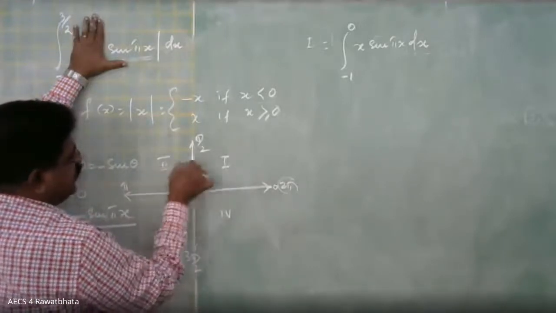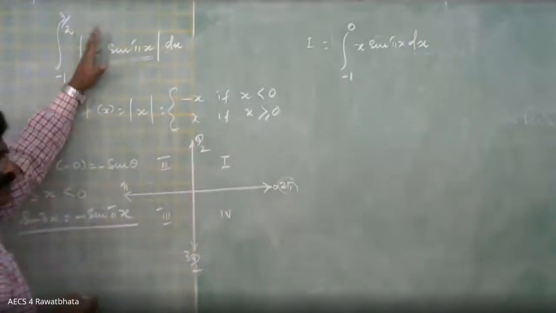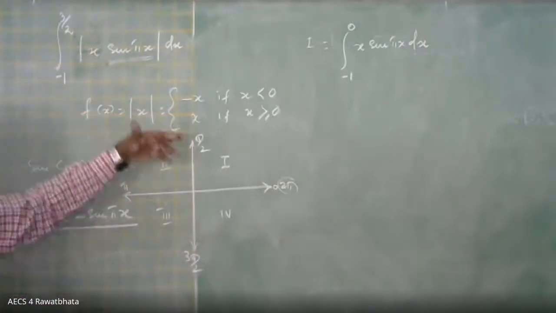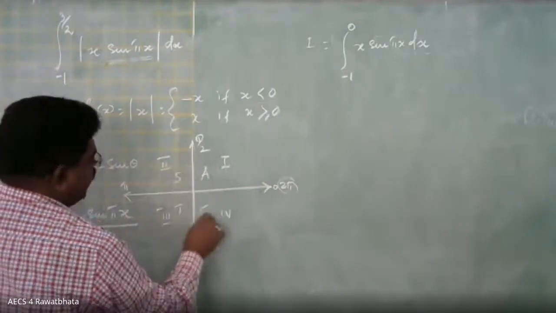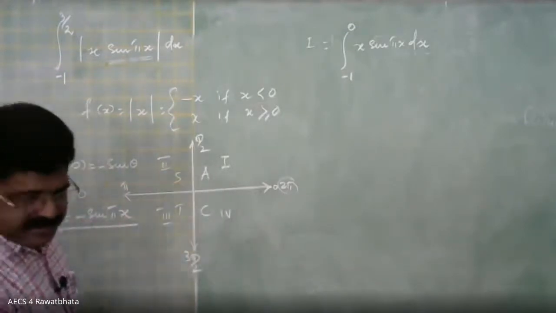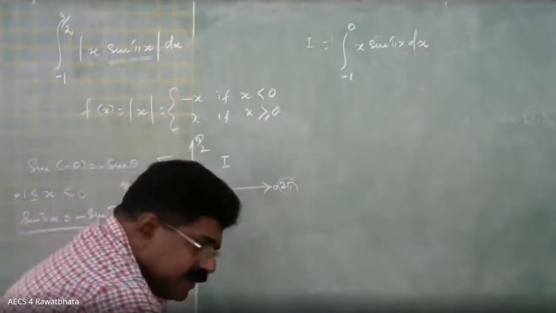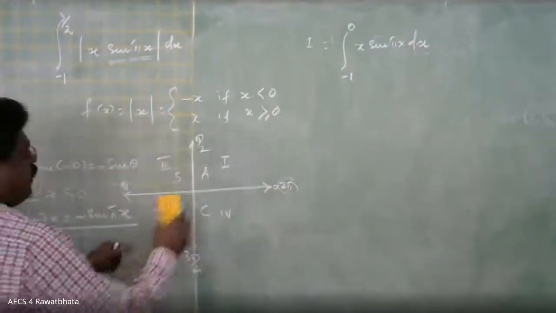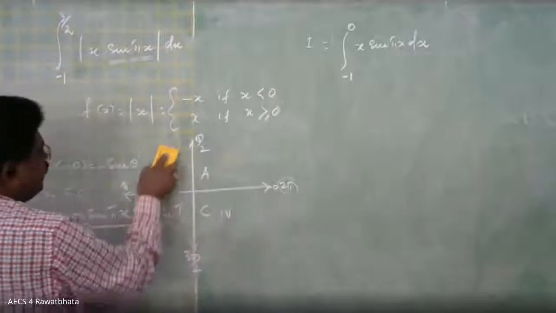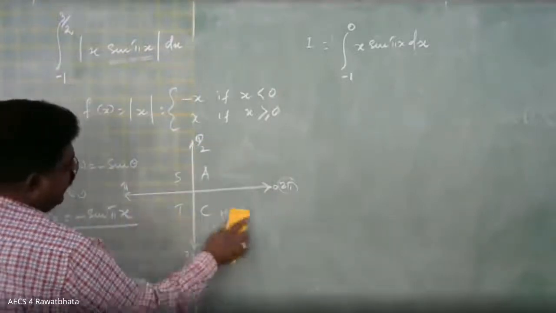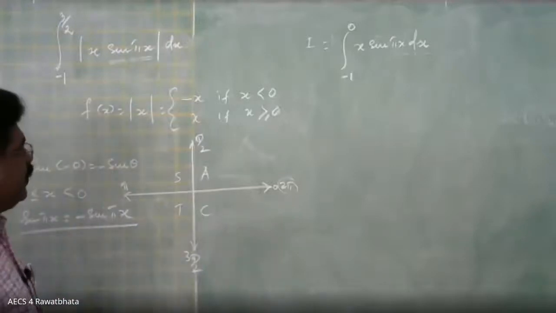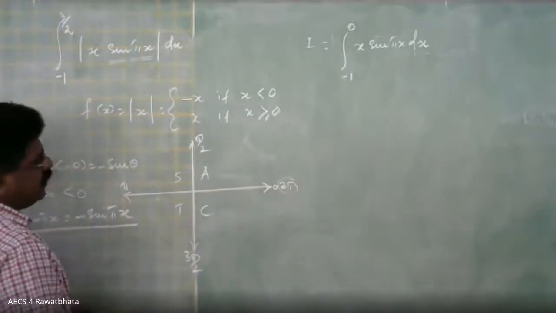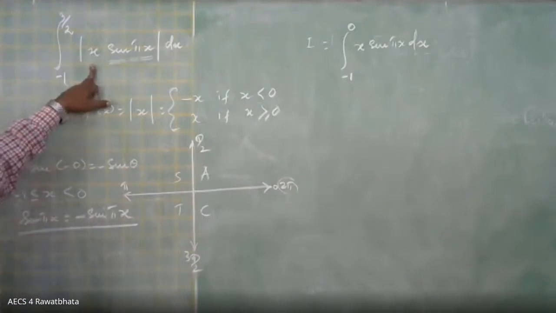In the first and second quadrants, sine is positive, and x is also positive from 0 to 1.